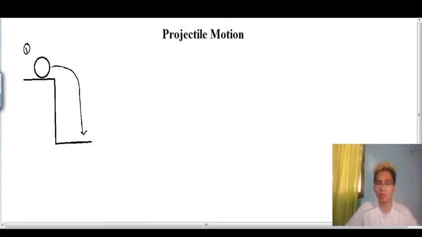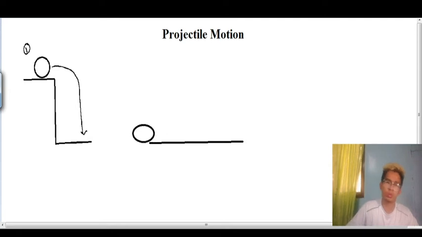The second type of curve we're going to be dealing with is when your ball starts at the ground. Most commonly, the object that you are going to use in projectile motion is a ball because it is not affected by air resistance most of the time.